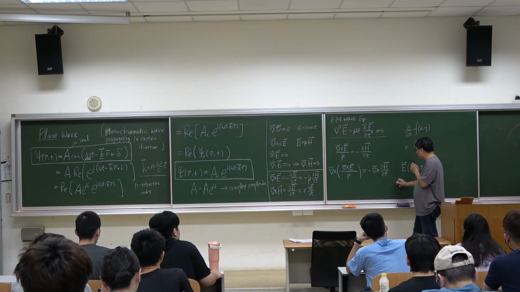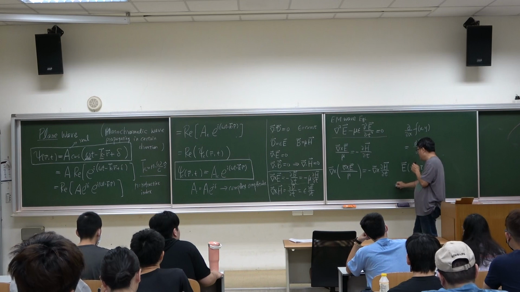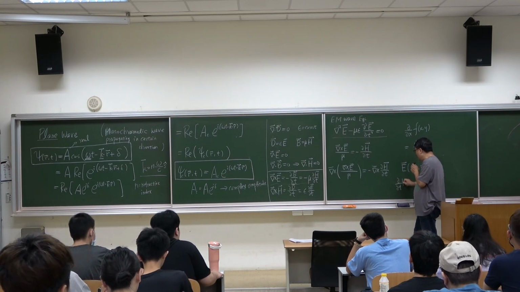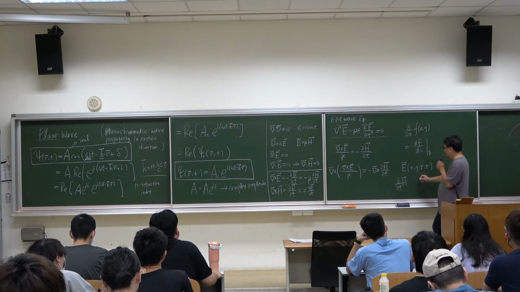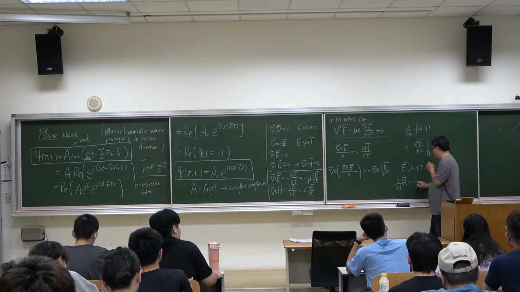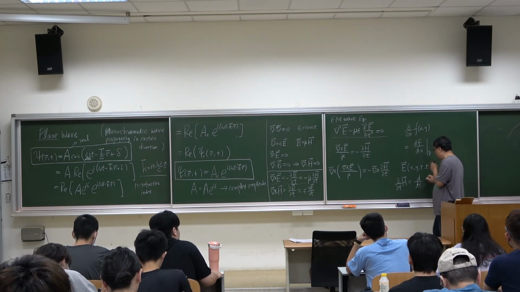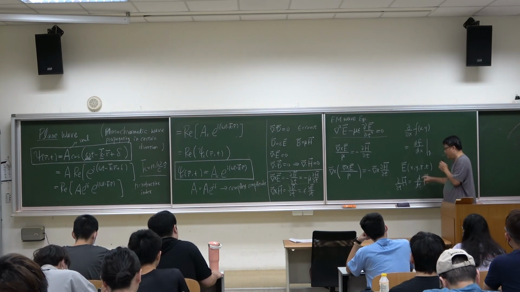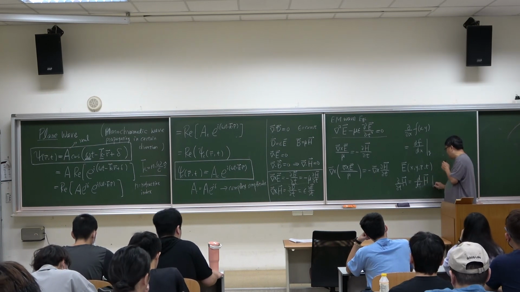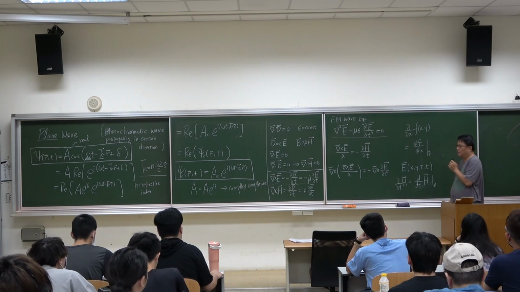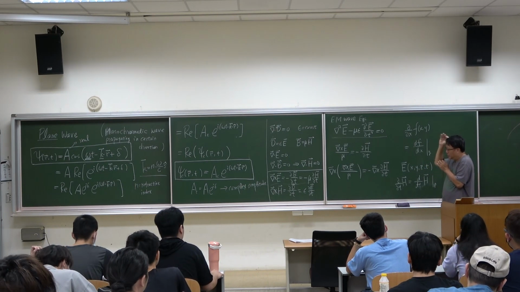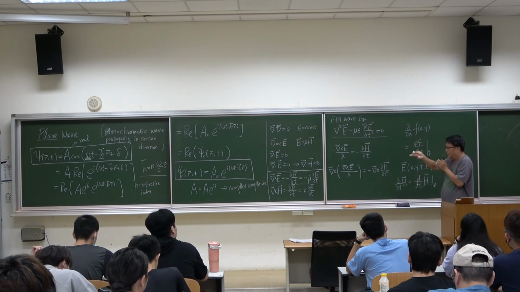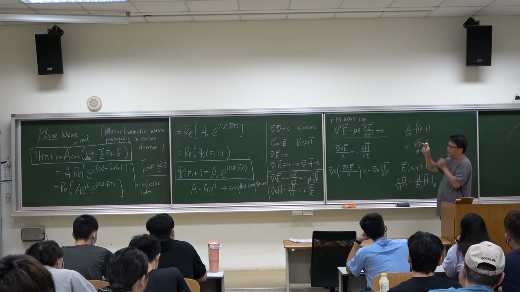So, for example, I calculate partial t partial H. This means that I differentiate H with respect to t, but fix r, which means I take the derivative at a specific space point.